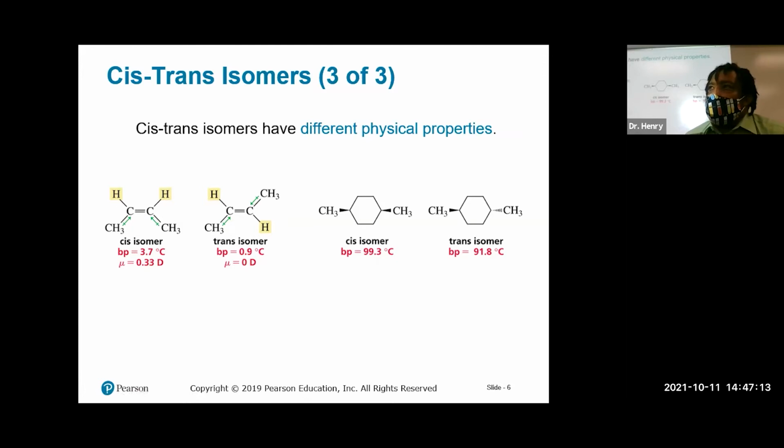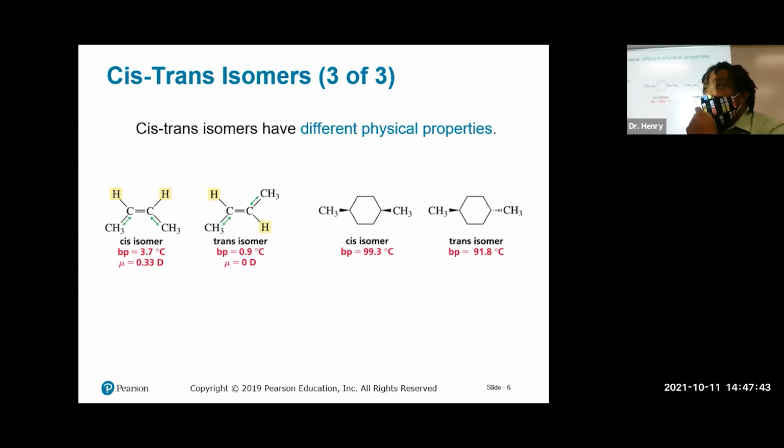I can't think of it offhand, but I would have assumed it would be the other way around, that the boiling point of the cis would be lower, because it would take less energy than the trans, because of steric hindrance. But apparently that's not the case.